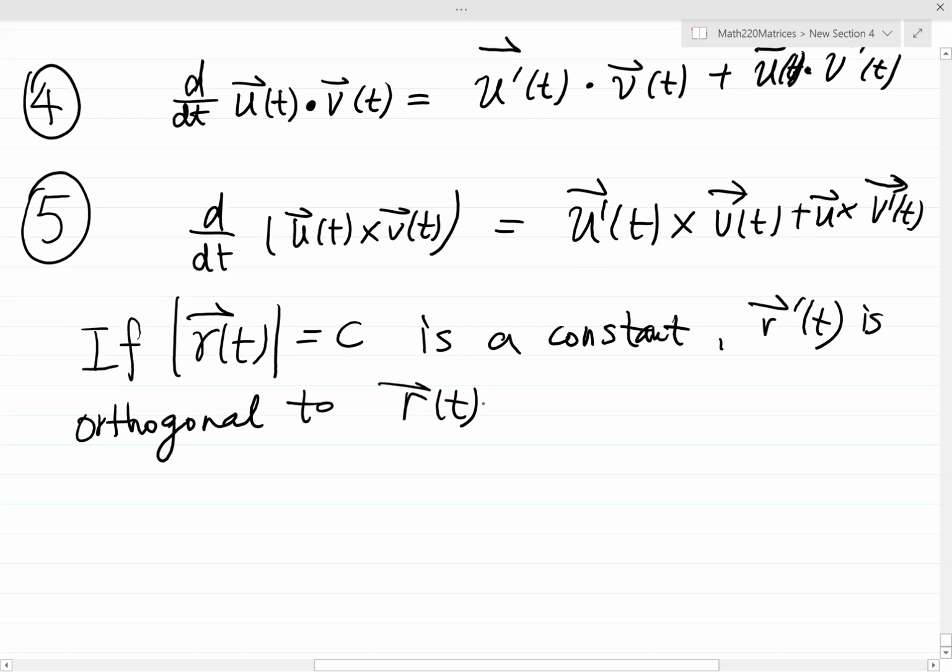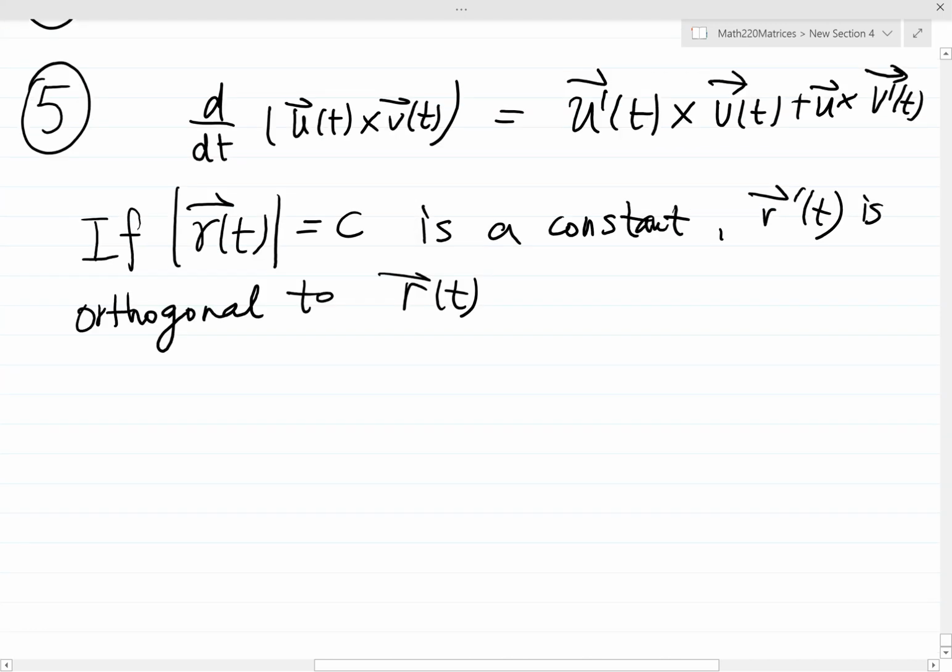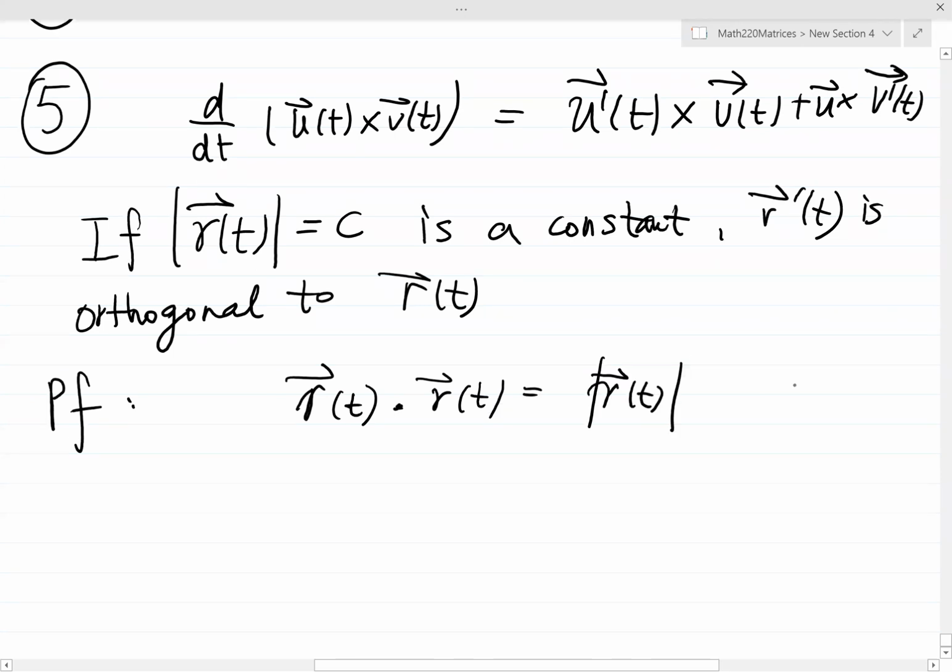Now, how do we prove it? We use the product rule. For instance, r dot r is the norm squared, so it's a constant.